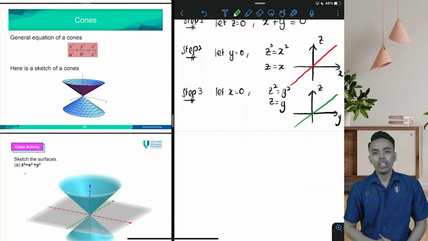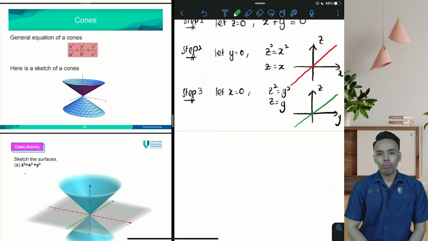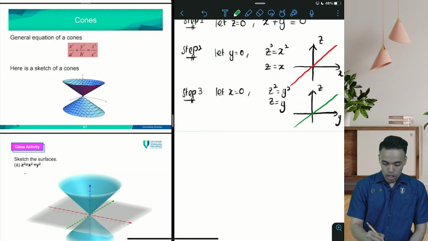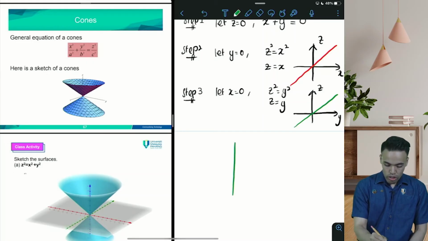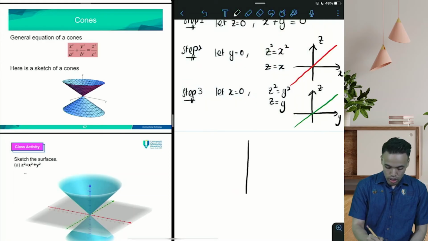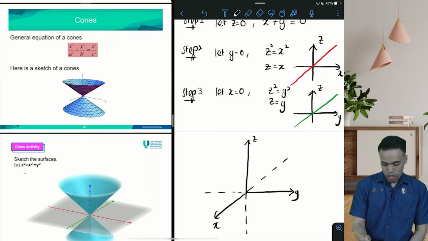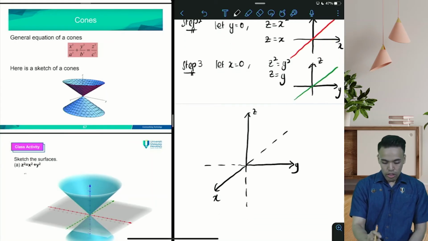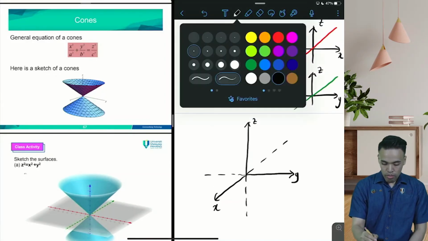By combining all curves you have obtained from these 3 steps, you will end up with a cone, in z versus y versus x. Okay, let me sketch all the lines.